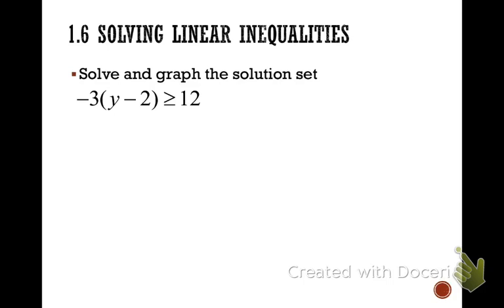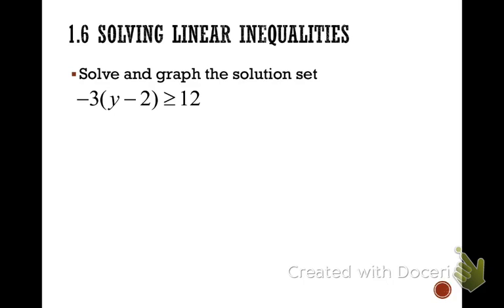Same thing applies here. Even if I have negative 3 times y minus 2 greater than or equal to 12. It's completely up to you how you do this. Okay? Depending on what you want to do, what's the negative 3 really doing with everything inside here? Multiplying, right?